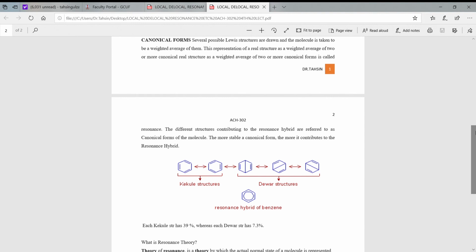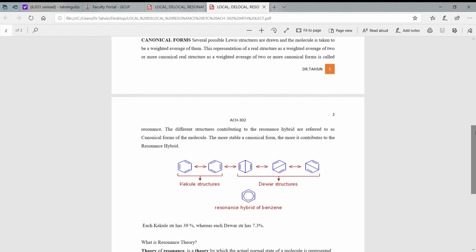So the more canonical forms, or resonating forms, or contributing forms there are, the more stable the compound is. The different structures contributing to the resonance hybrid are referred to as canonical forms of the molecule.